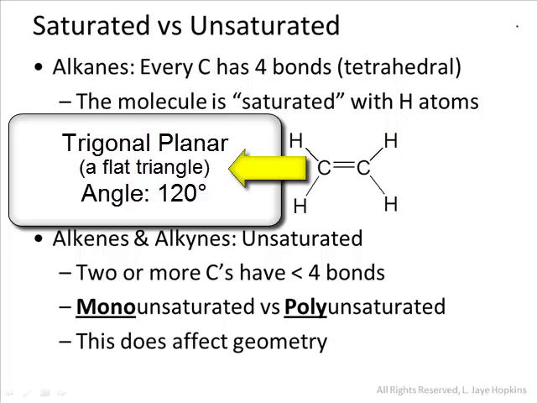These are essentially a flat type of molecule, rather than that 3-dimensional tripod we've become used to looking at with tetrahedral geometry. So alkenes have trigonal planar geometry. The bond angle in trigonal planar geometry is 120 degrees. We'll see that this affects how we draw the molecules in some circumstances.